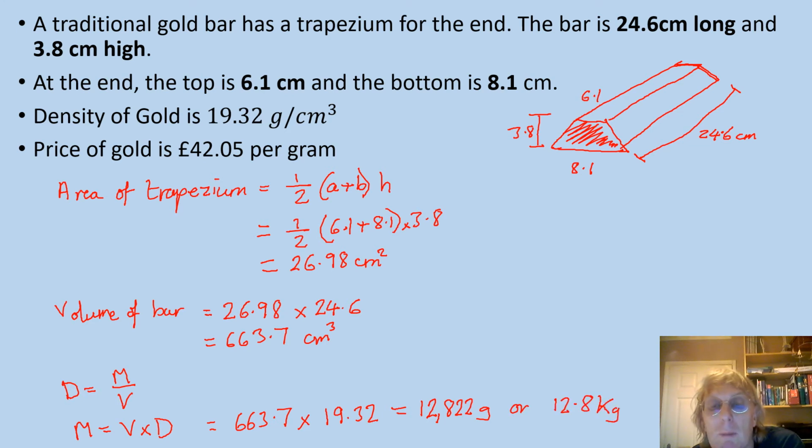So that's how heavy that gold bar is. Gold bars are really, really heavy. 12 kilograms, that's quite a substantial weight to lift up.